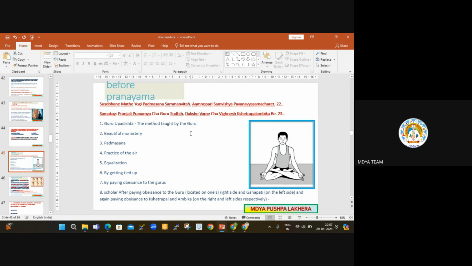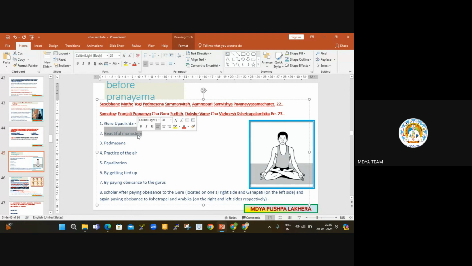Here, monastery means a beautiful place, and Guru Upadishta means the method taught by the Guru. Whatever the Guru teaches or advises, you need to follow. A beautiful house is needed, and you have to sit in Padmasana.